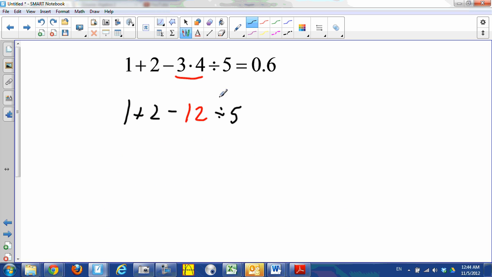Okay. Well, now, the next operation that we have to take care of, remember, multiplication and division still, we have to take care of this division before we take care of this addition and subtraction. So next, let's go blue. So we got 1 plus 2 minus, and then we got 12 divided by 5. 12 divided by 5 is 12 fifths, which is 2 and 2 fifths, which is 2.4.